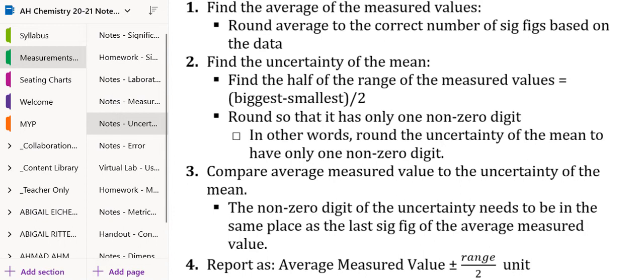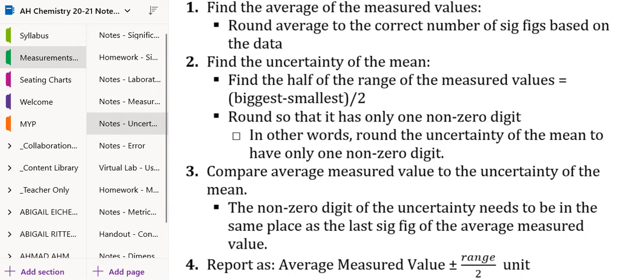So however many significant figures there were in your measured values, you'll round the average to that number of significant figures. Okay? Then, to find the uncertainty of the mean, you're going to take your range, right? So biggest value minus smallest value, and divide it by what? 2. So it's half of the range.